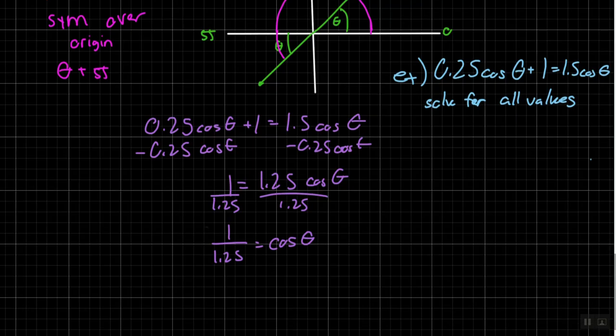Oh, I erased it, that's why. Sebastian, help out Brent. Yeah, I want to take the inverse of cosine from both sides. If I take the inverse of this, I'm just left with theta. So what is the inverse of cosine of 1 over 1.25?